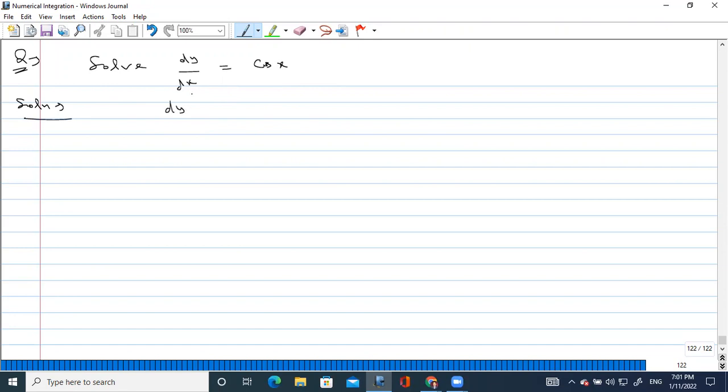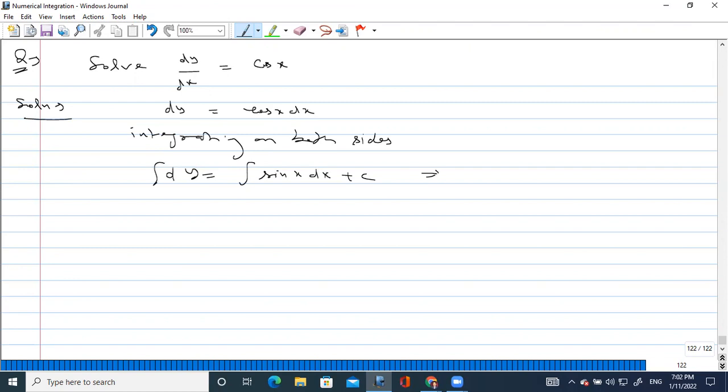So this can be easily variable separable. So dy will be cos x dx. Integrating on both sides, y will become integral of sin x dx plus c.